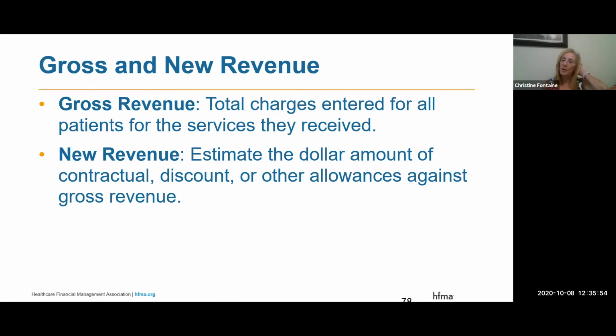So to determine, and this is very important in calculations in revenue cycle, net revenue, financial services must estimate the dollar amount of contractual, discount, and other allowances that will be applied against that revenue.